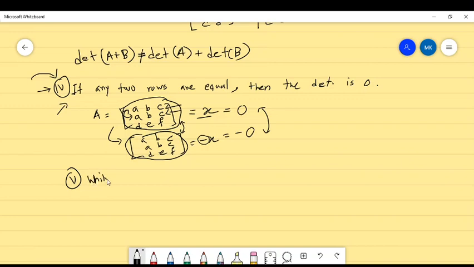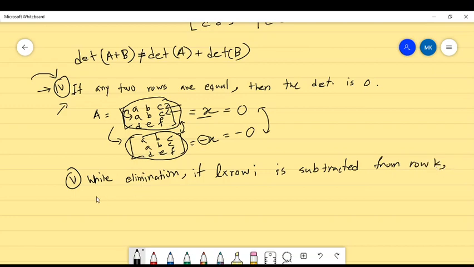While eliminating, if any particular scalar L times row I is subtracted from any row, let's say row K, the determinant doesn't change.